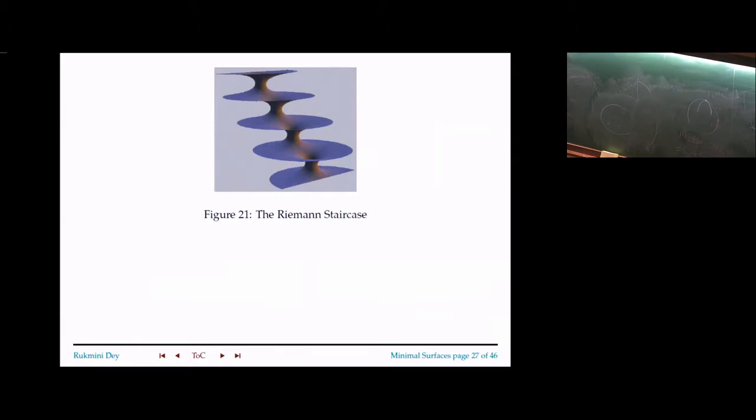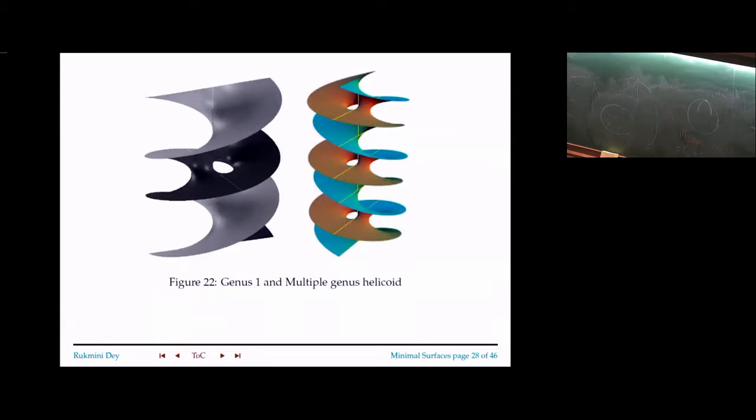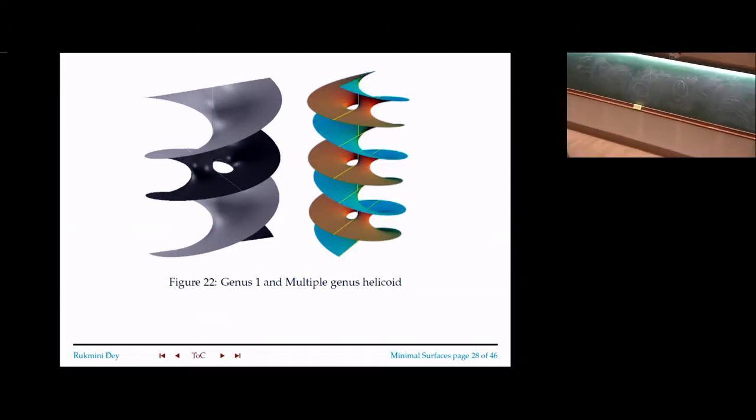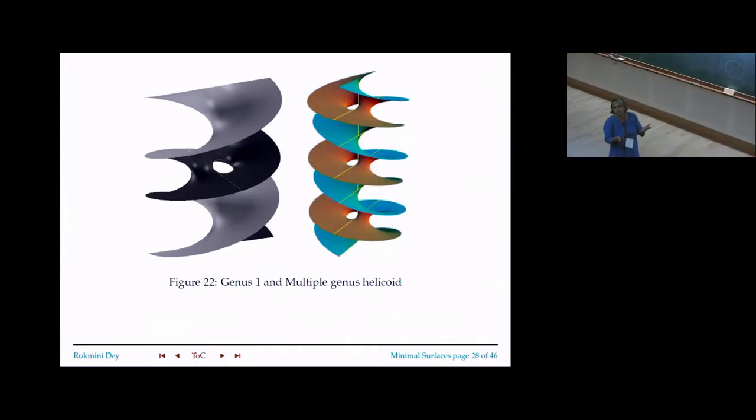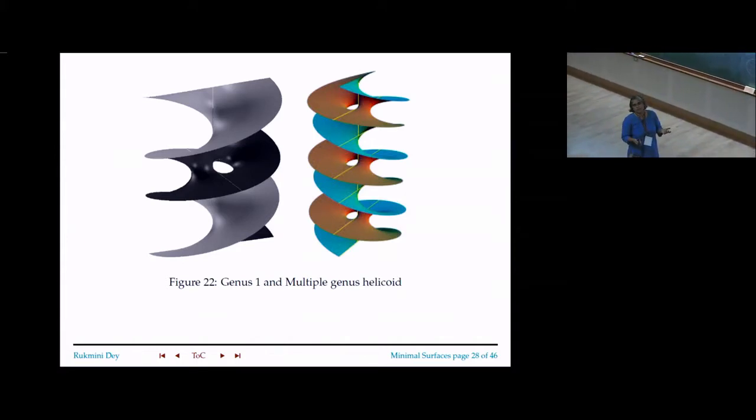This is the Riemann staircase. This is multiple genus helicoid. Helicoids can have genus in them. Okay. So these are multiple genus helicoids. And you may ask, why not torus? Why not torus itself? Why can't it be a minimal surface? I won't have time to go into it, but minimal surface in certain parameterization, in certain coordinates, the coordinates themselves have to be what are known as harmonic.